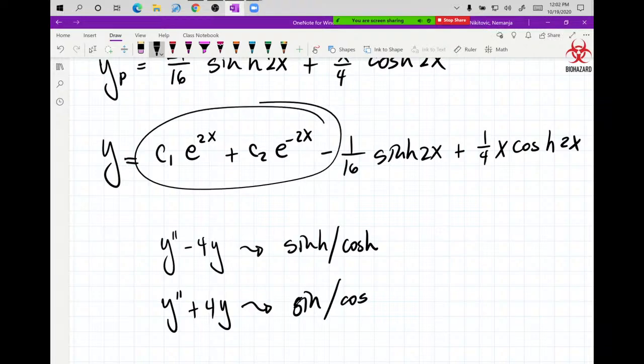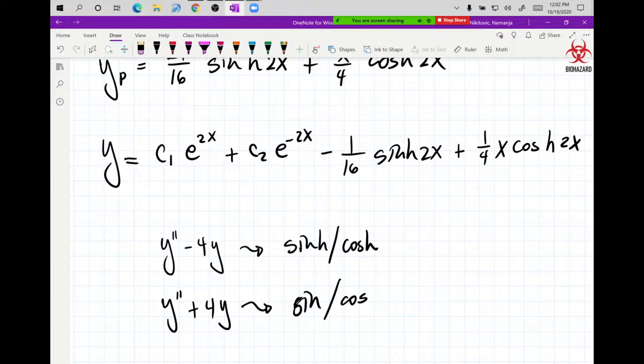So this can be written as hyperbolics, as C1 cosine hyperbolic 2x plus C2 sine hyperbolic 2x.